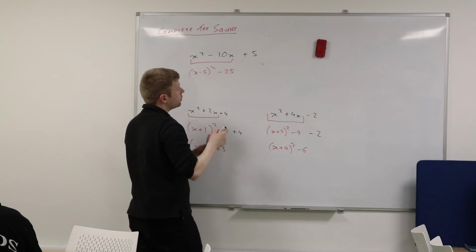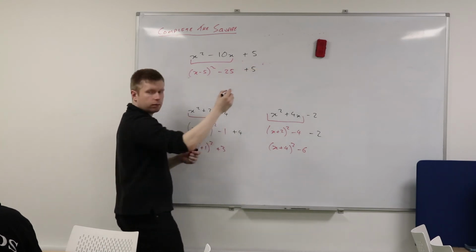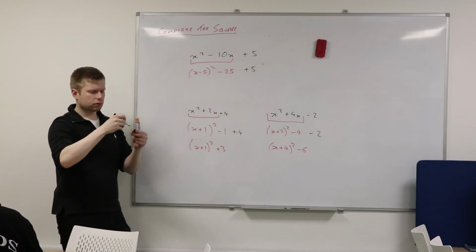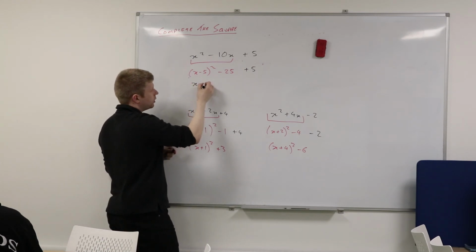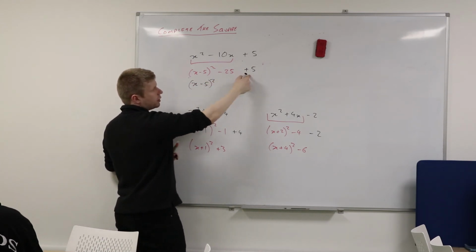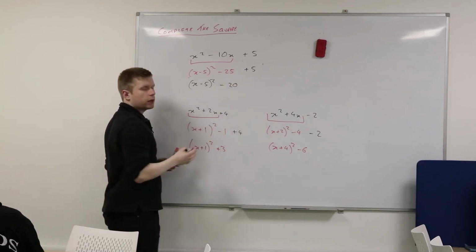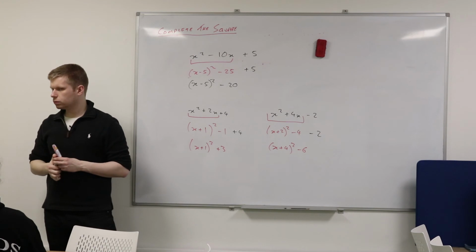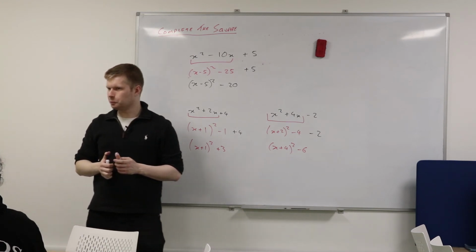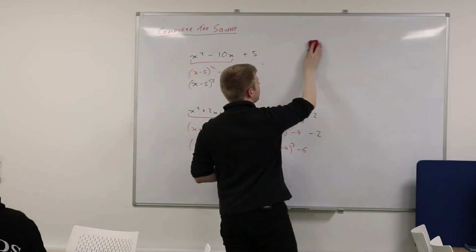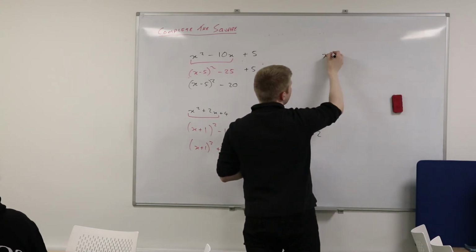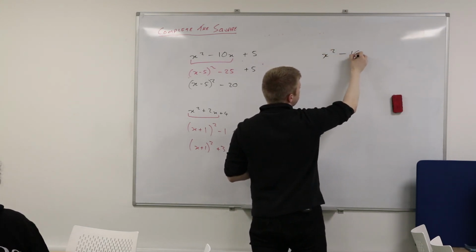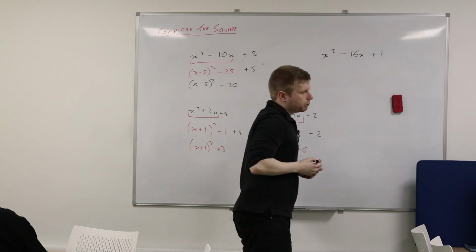And the plus 5 just comes along to the right. Is that okay? So in total I'll just end up with x minus 5, all squared, minus 20. Do you see that? You have a go at this one.